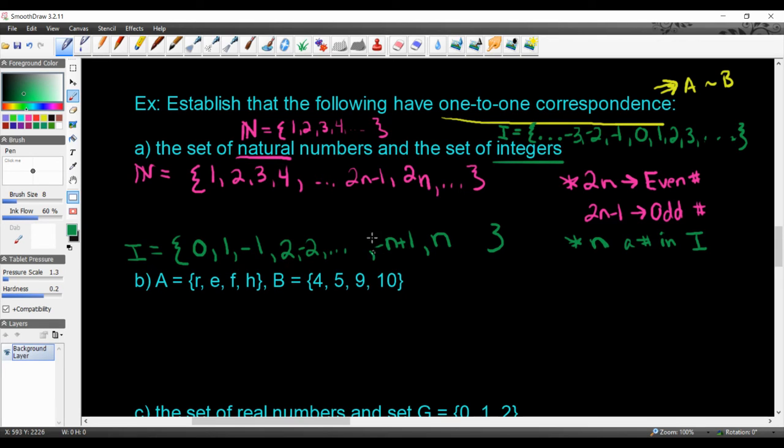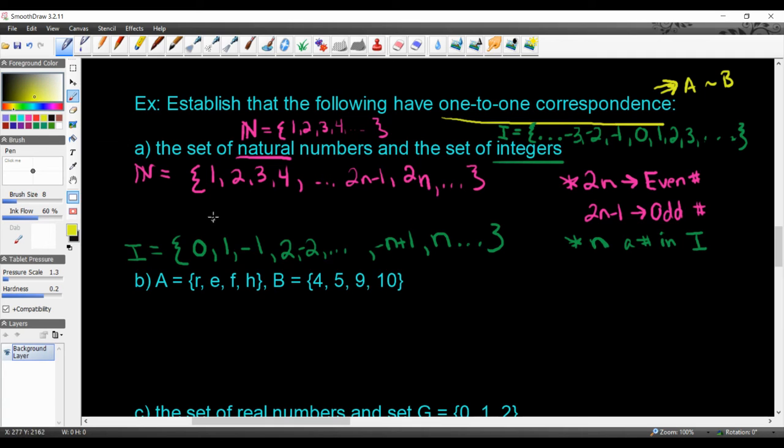Now that might be a little confusing too, because you're saying, well, it would just be n minus 1. But look at the pattern that we have here. We have one positive, one negative, one positive, one negative. So this just takes care of that for us. If this part confused you, that's okay. You could also do n and then just add 1 to move on to the next number. But anyway, now we have a similar pattern.